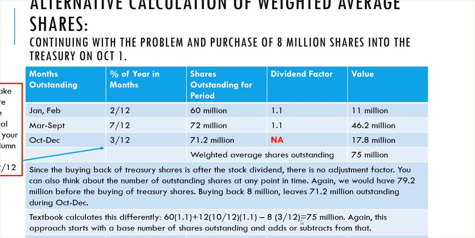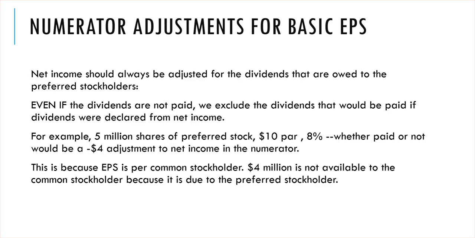Now there's no 1.1 adjustment factor here. Why is there no 1.1 adjustment factor here? There's no 1.1 adjustment factor here because the treasury shares were bought after the extra 10% dividend date. Okay, when we get into the problems, I think you'll understand what we're doing there a little more.